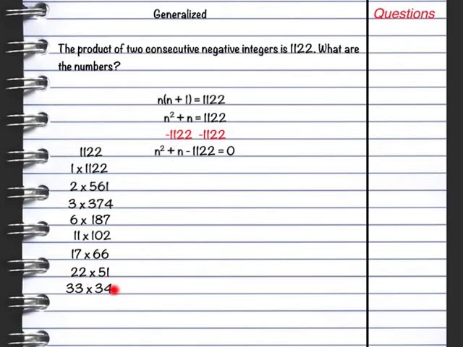And I see it right here. 33 and 34, when I have 34 as my positive and 33 as my negative, they're going to add to give me 1 and multiply to give me a negative 1122. So I'm going to have n plus 34 as my one factor, and n minus 33 as my second factor. So once again, with factoring, once I have my factors, I'm going to take them both and set them equal to 0. Once they're both equal to 0, go ahead, solve for n.